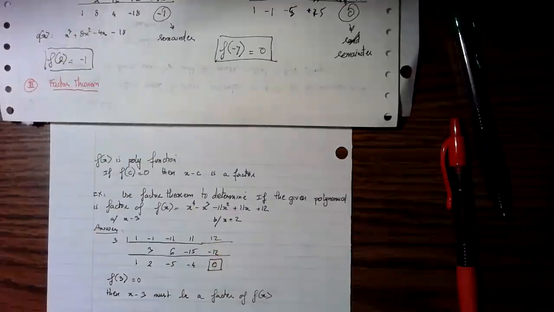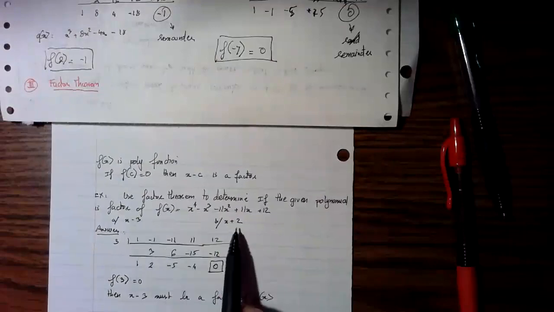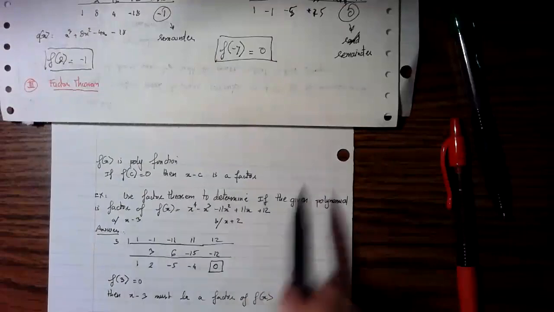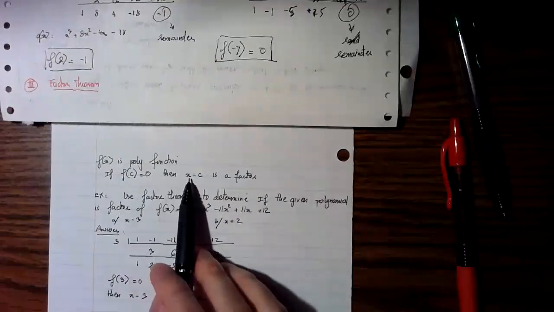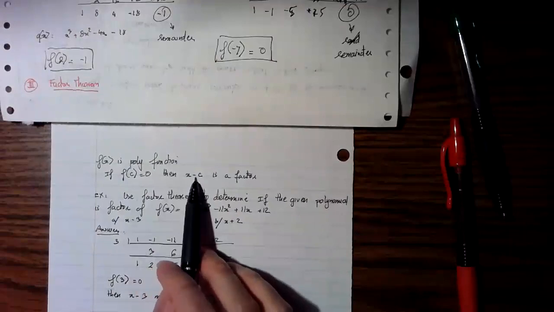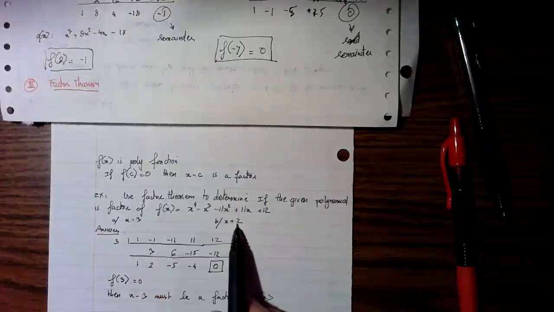You do the same over here. But what number should we divide by? It must be -2, not 2, because the theorem says x minus, but we have x plus, so we should do synthetic division by -2.